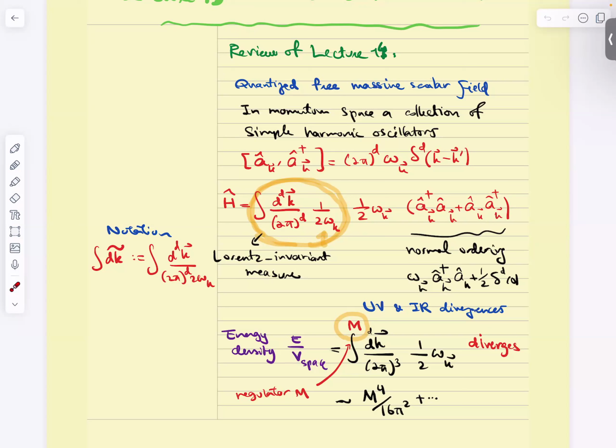This is integrated over all space-time momenta, but not all space-time momenta are allowed in a theory of scalar field with fixed mass. A theory of scalar field with fixed mass includes only these guys. This has a name. Does anyone know what the name of this is? What is the name of this object in physics?